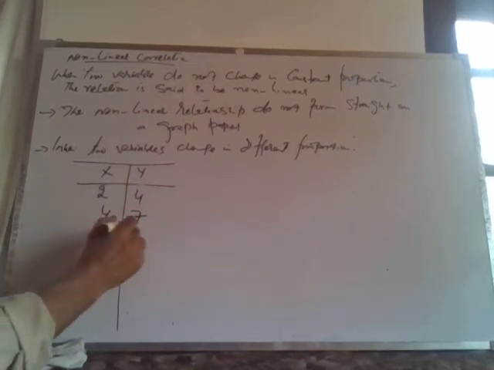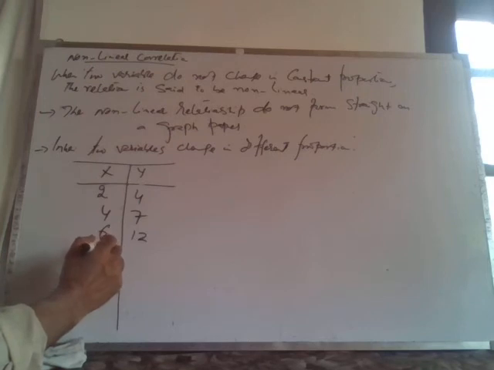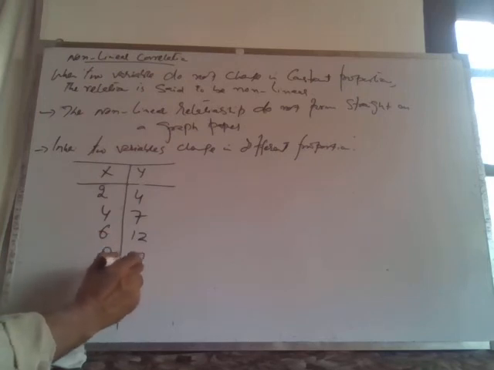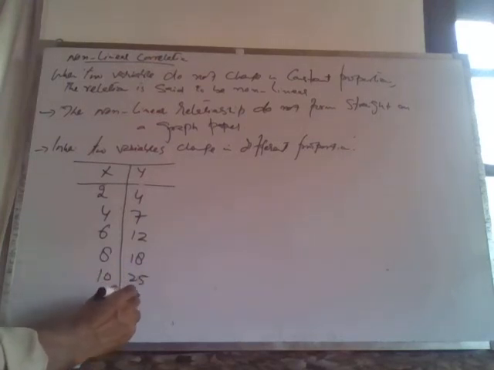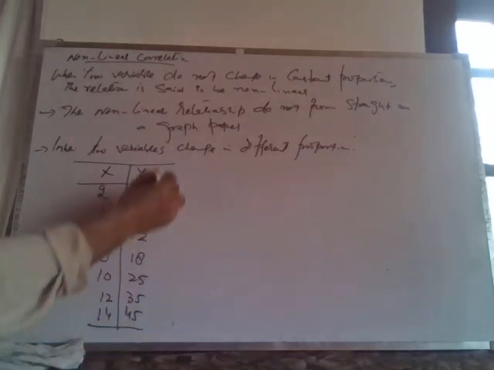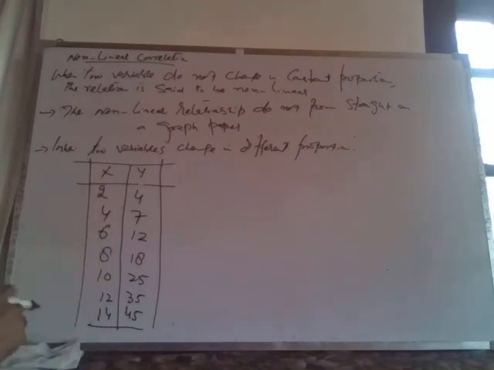It is 6, it is 12. It is 8, it is 18. So it is 10, it is 25. It is 12, it is 35. It is 14, it is 45. So here x and y change in different proportions, do not change in the same proportion.